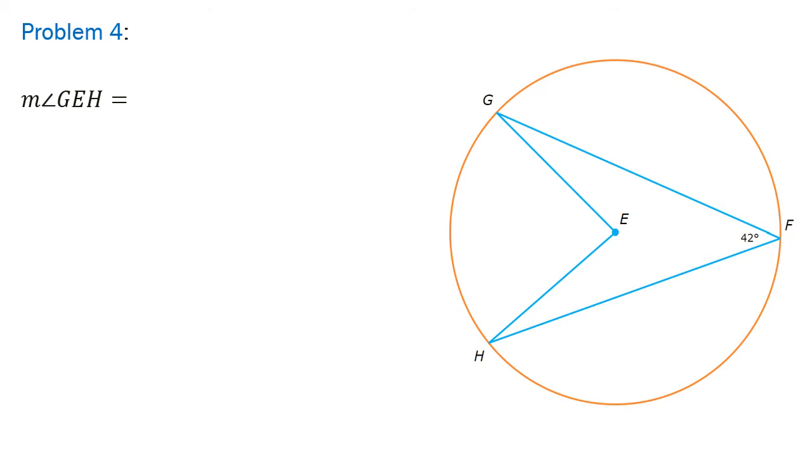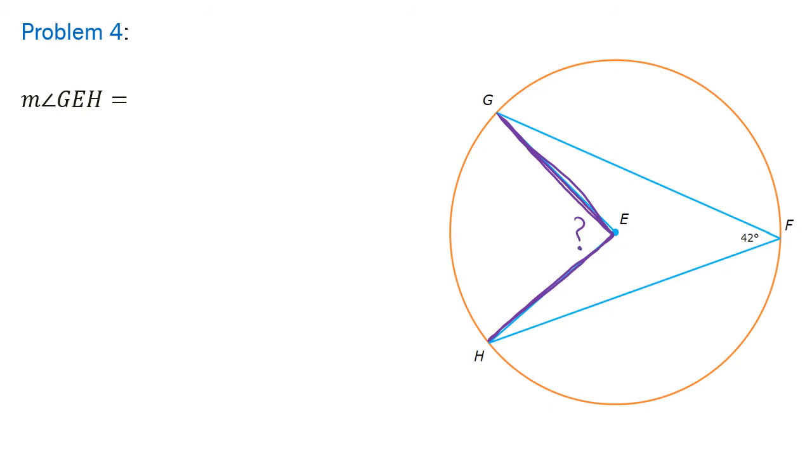So this next problem is going to focus on your knowledge of inscribed angles and their arcs and how it's related to central angles. So in this problem, you'll notice that they're asking us to find our central angle GEH. They want us to find this right here.